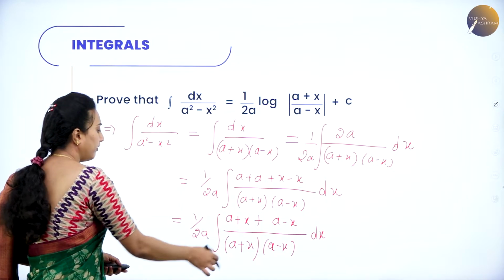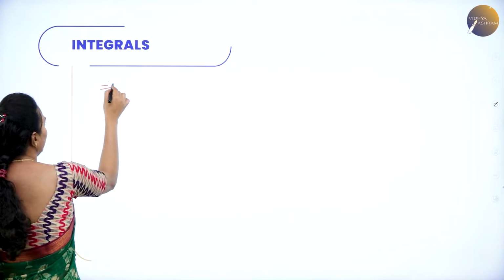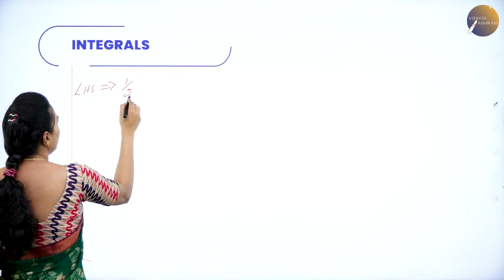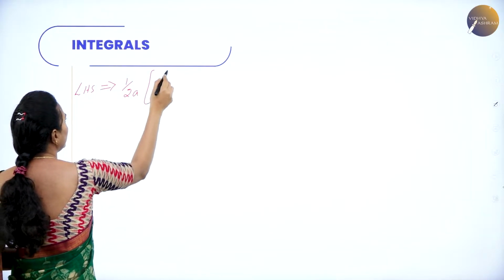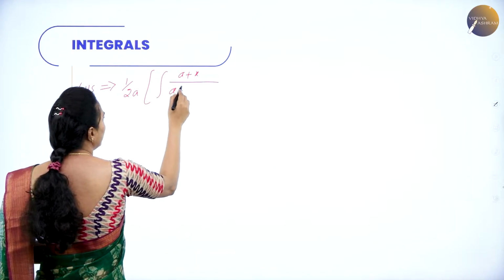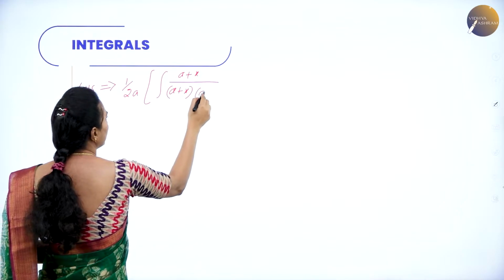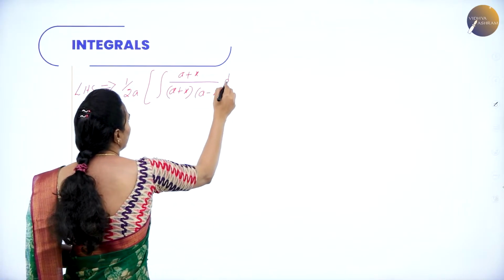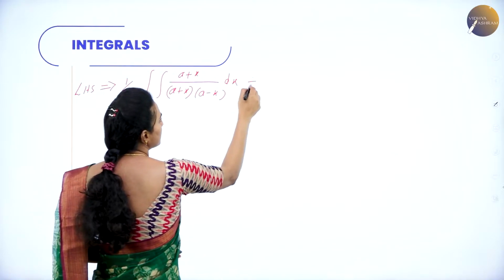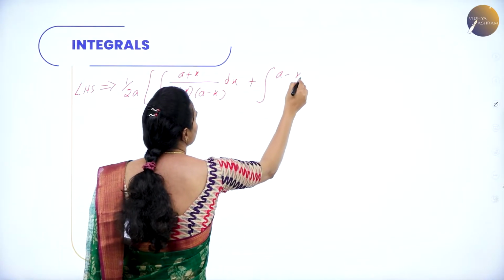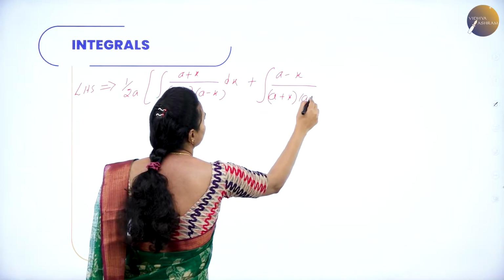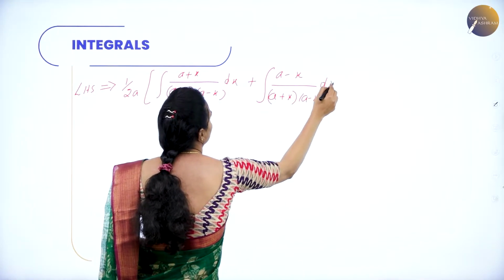Now dividing each, the LHS is 1 divided by 2a into, separating the integral, dear students, a plus x divided by a plus x into a minus x into dx, plus the integral of a minus x divided by a plus x into a minus x into dx.